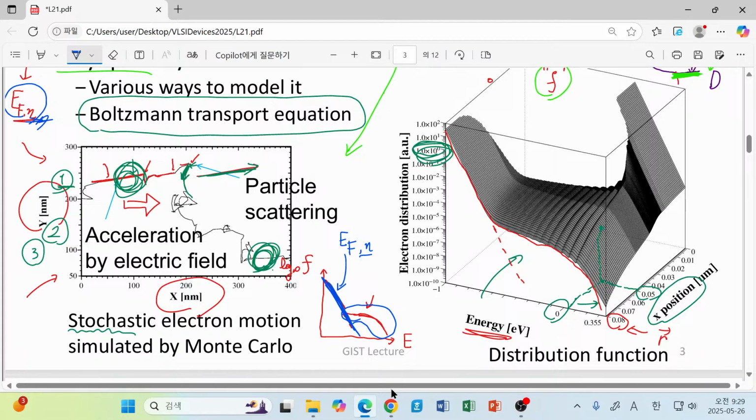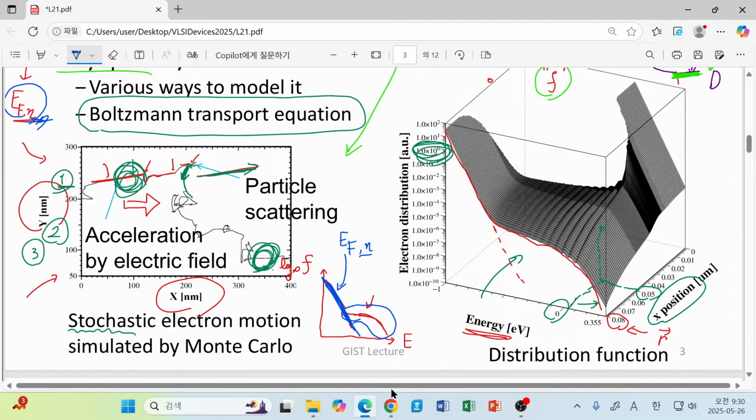That's the reason why, when we talk about the transport or modeling of our MOS problem, maybe you remember that we introduced the quasi-Fermi potential, and it played a really important role in our calculation. We said that at the source part it was fixed to 0, and at the drain part it was fixed to the drain voltage, and calculating its variation within the channel was the main problem.